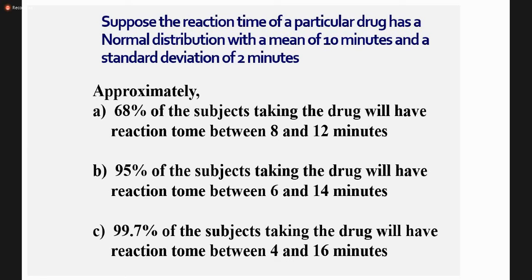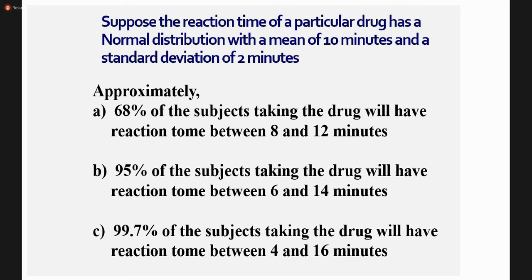So reaction time or bioavailability of a drug is normally distributed. On an average, it takes 10 minutes to be available biologically in the human system, and it has a standard deviation of 2 minutes.